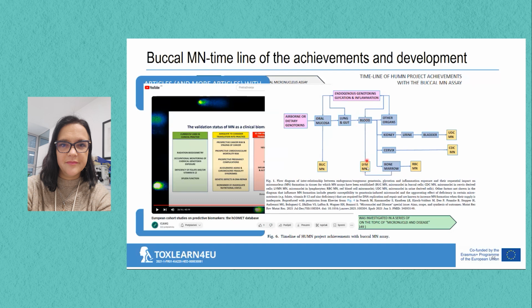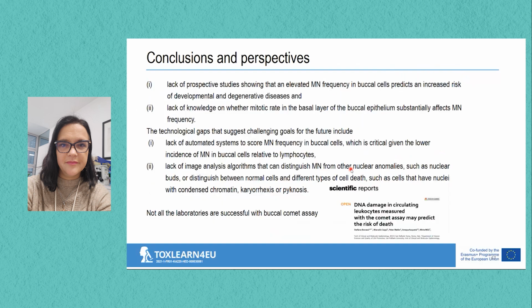And if you don't have the lymphocyte micronucleus, you can also use cells from other types of organs, such as kidney, urine, bladder, and cervix, to assess the DNA damage. And this can be translated also to other organs or to the organism in general.